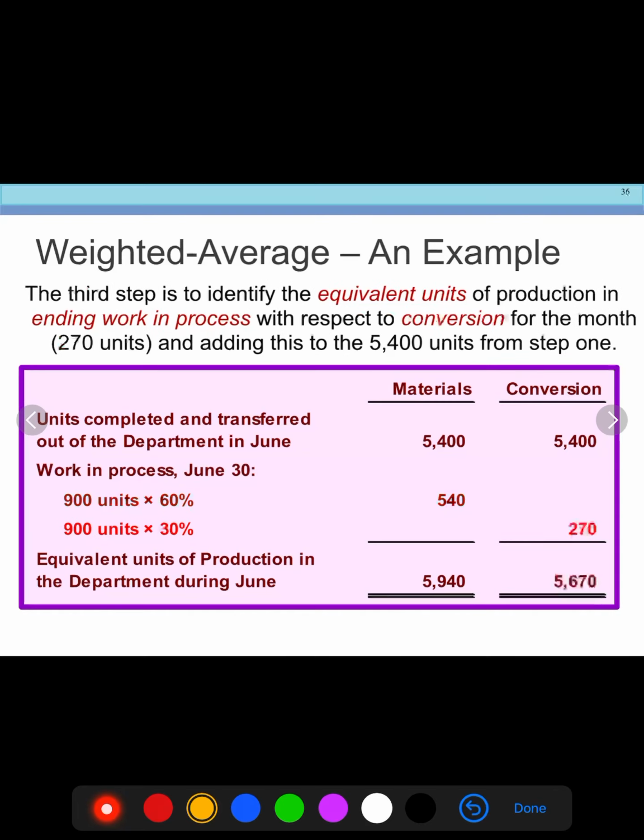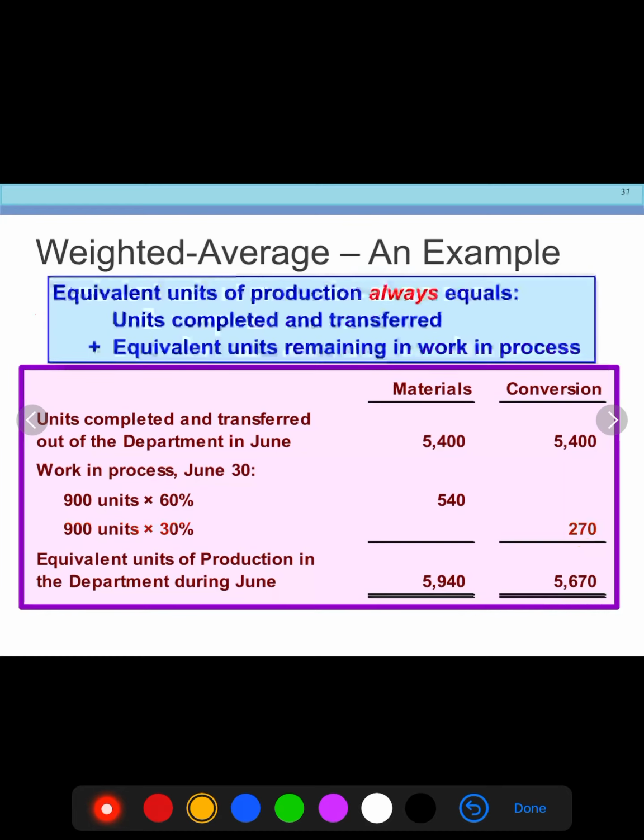That's why you get 540. In terms of conversion cost, it is 30% completed, which gives you 270. So when you combine the two, that's 5,400 and 540, as well as 5,400 and 270, you'll get your equivalent units of production for the month of June.